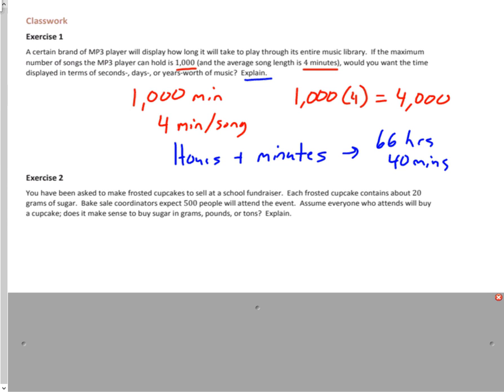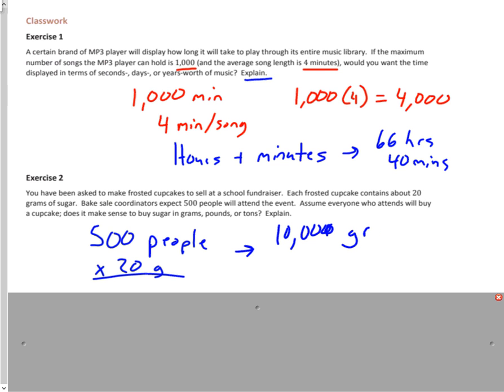So if we have 500 people, we want to multiply that by 20 grams of sugar. Well, 500 times 20 is going to be, no, 10,000. That'll be 10,000 grams of sugar. If you know anything about grams, pounds or tons is a lot. A ton is about 2,000 pounds.